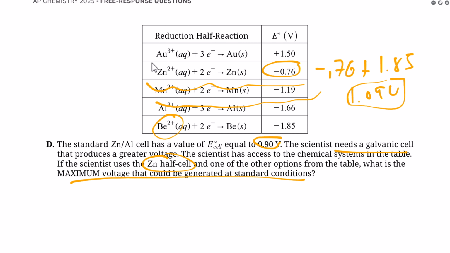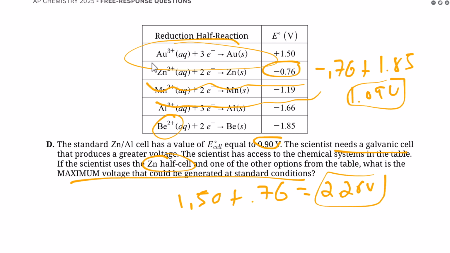If I use gold, we keep the 1.50, but we flip the zinc, so 0.76. So 1.5 plus 0.76 gives me a voltage of 2.26 volts. So our winner here is gold, because that will produce a voltage of 2.26 volts.